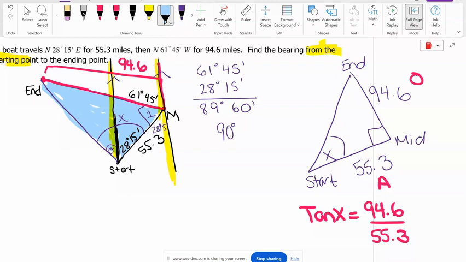So I'm using this blue triangle. And the reason I'm using this blue triangle is because ultimately I need to find theta. Even though it's still a right triangle, if I use this little right triangle, it's not going to help me get theta.